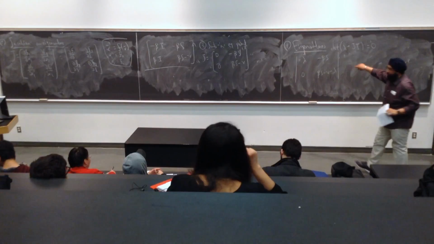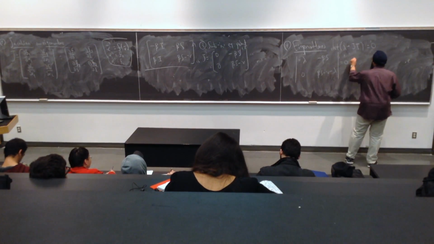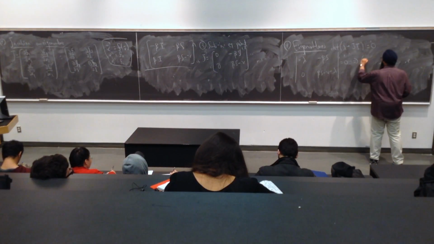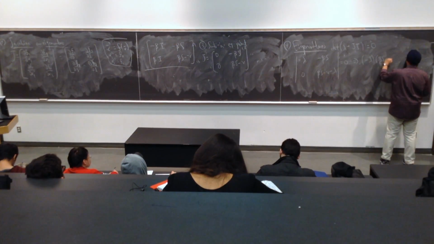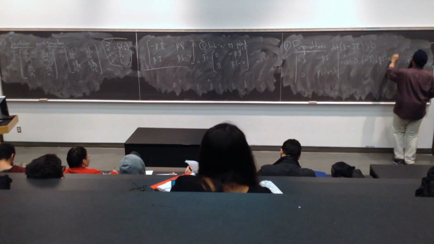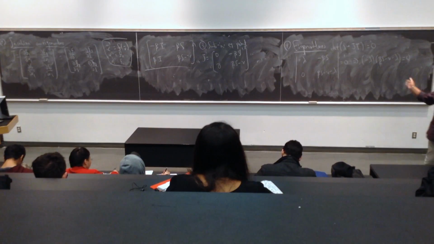And now I must compute the determinant of this, equal to 0, which implies what? You get minus lambda times (beta S minus b minus lambda) is equal to 0. So what are my solutions to this equation?